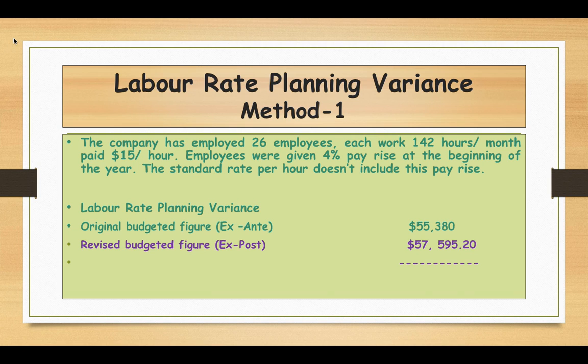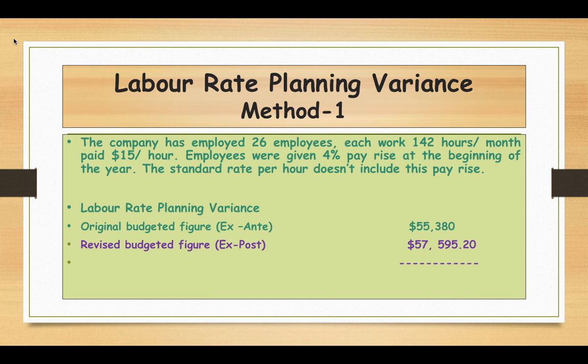Now we'll see the revised budgeted figure. We call it X post. So 142 hours times 26 employees. Now we need to include the 4% pay rise. So $15 times 1.04. That means we are including the 4% pay rise. You will get $57,595.20.